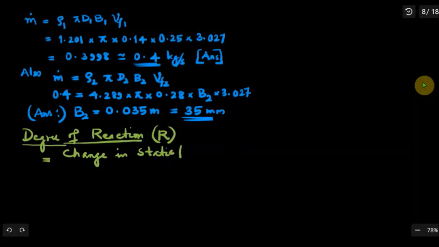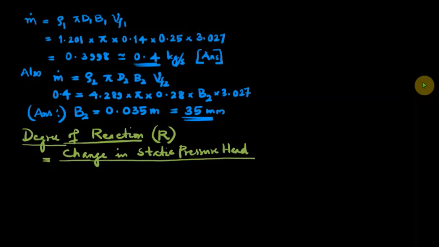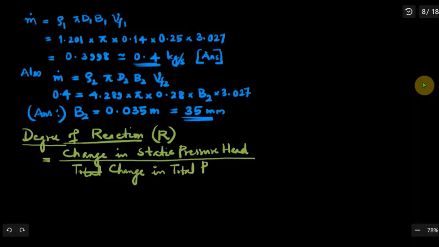So the change in static pressure head, in this case for a compressor, the change in static pressure head in the impeller during the flow through the impeller, divided by the total change in pressure, or rather we call it the change in total pressure head, that is better.